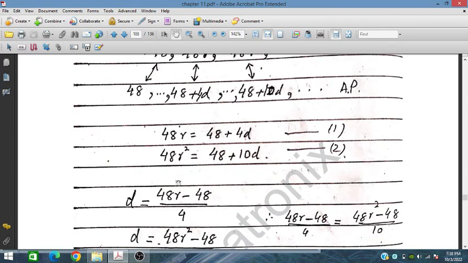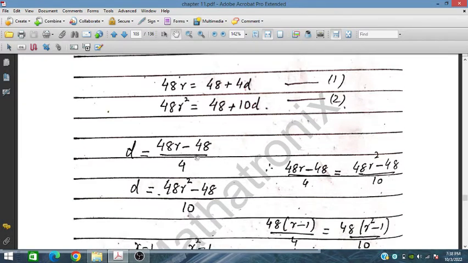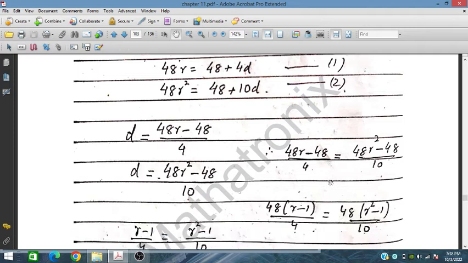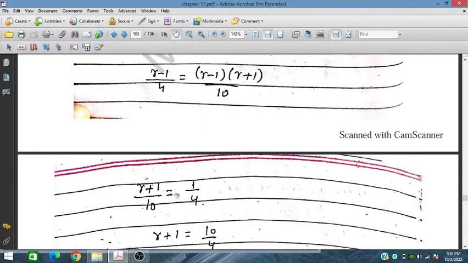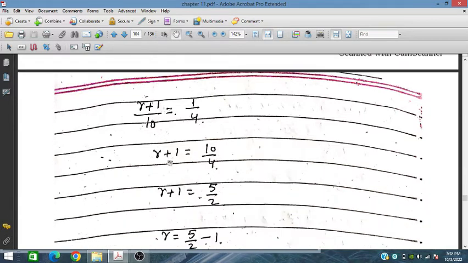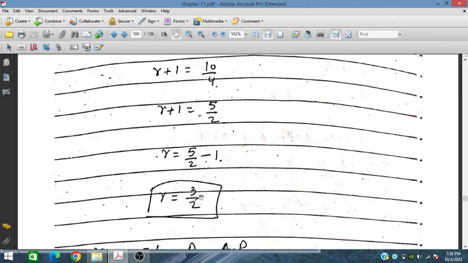From the first equation we obtain d in terms of r, and from the second equation we obtain d as well, so we can equate both. By simplification, we eventually obtain the value of r, which comes to 3/2.